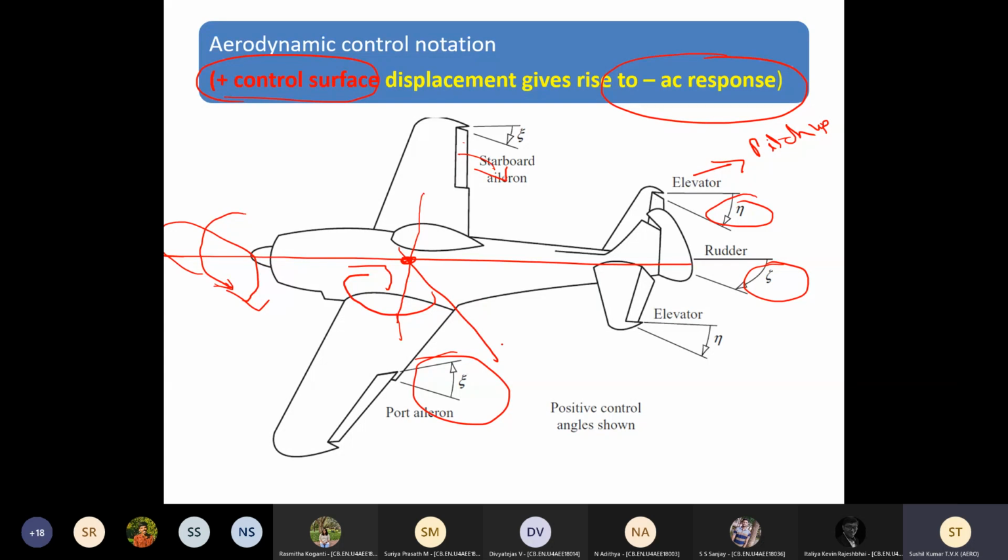So always a positive control surface deflection gives a negative aircraft response. So in your transfer function, you will get this negative sign in the numerator. We talked about numerator of s by denominator of s. Why this negative sign comes is because of this simple logic.